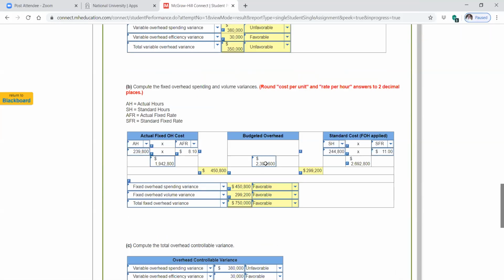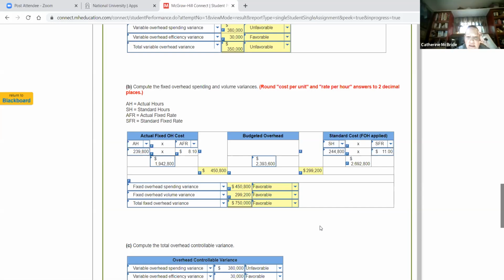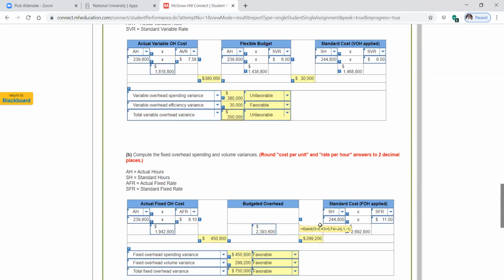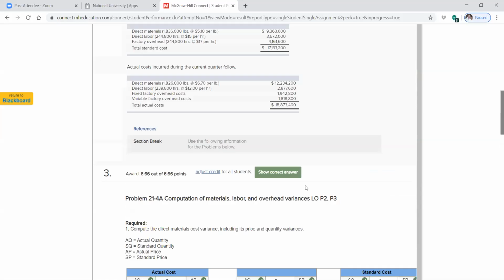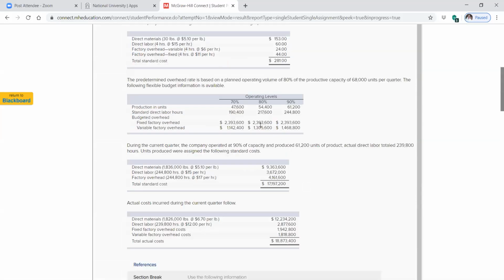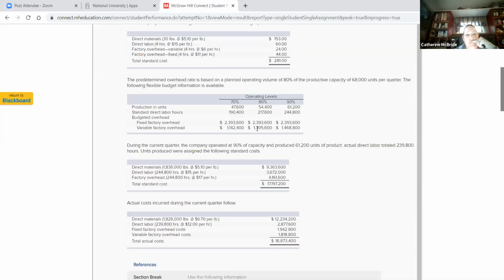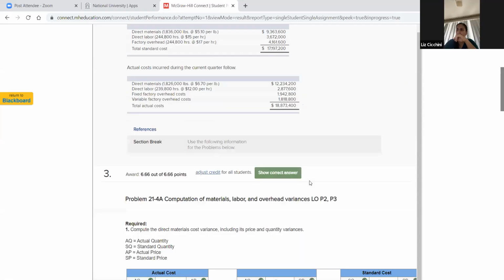So that was my mistake, because I was trying to do the calculations for it. That's the thing I didn't understand though. But it's fixed, so it's different. So it's supposed to be fixed and variable together, right? Not down here. This is just fixed.